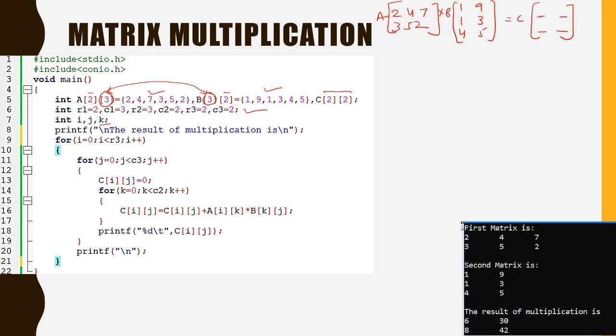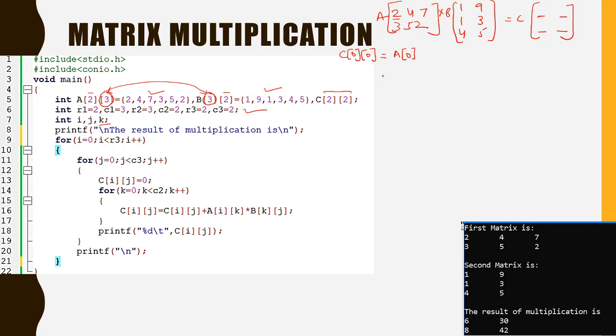For getting this particular element, we multiply the elements of the first row one by one by all the elements of the first column of the second matrix. If I take it as ij, I will simply write c00 is equal to a00.